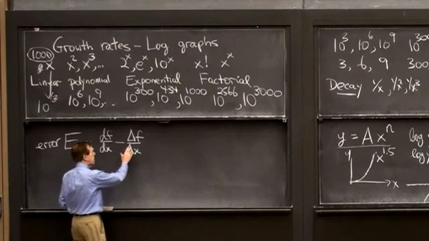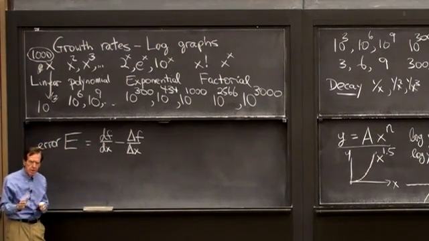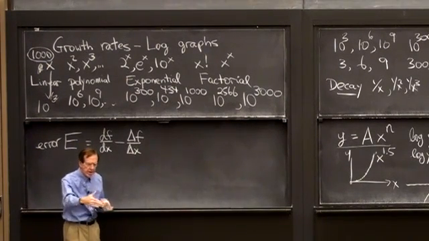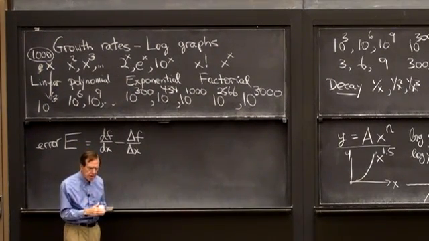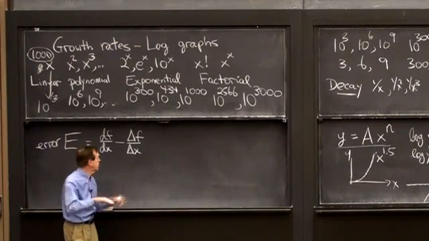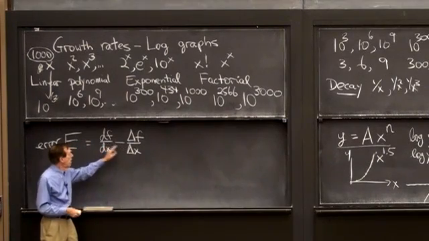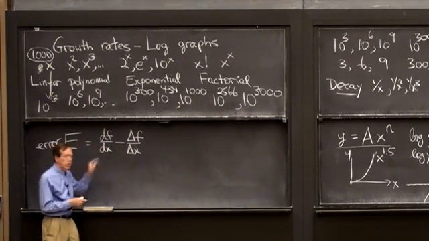Now, it's not zero, right? This one is a finite movement delta x, which produces a finite movement delta f. As delta x goes to 0, that does approach this.